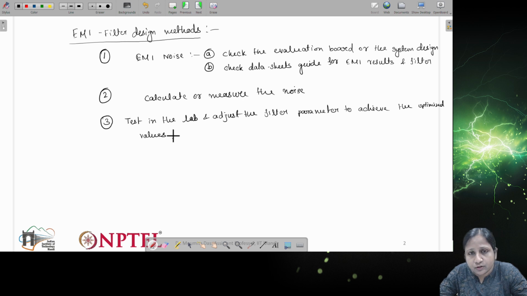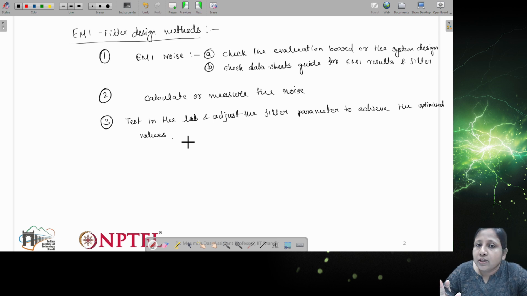Second is to calculate or measure, checking whether the measurement method we are following matches or not. And then we have to find out in the experiment the actual value of the filter, right? So this is the general method of EMI filter.